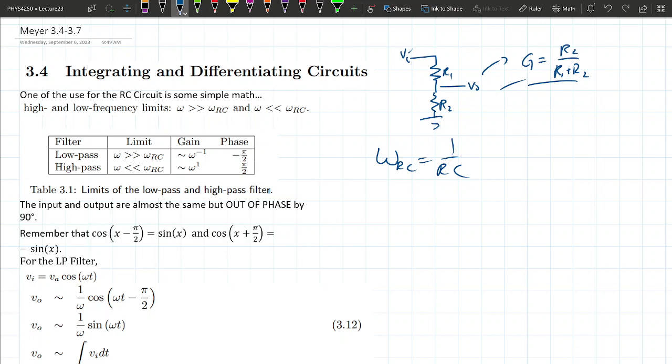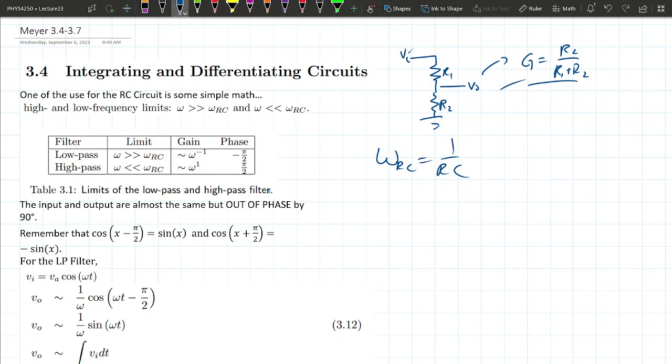The nice thing about these limits is that these functions are just waves, or combinations of waves. A cosine function shifted by a phase of minus 90 degrees is the same thing as a sine function.